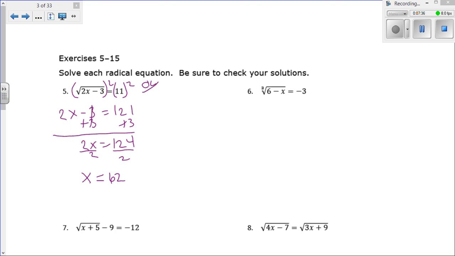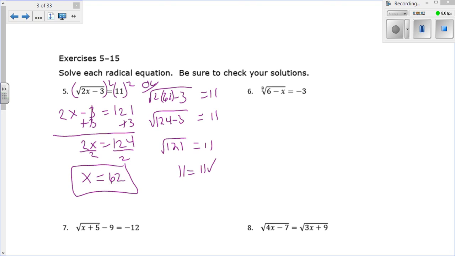So check. 2 times 62 minus 3 equals 11. So the square root of 124 minus 3 equals 11. So yes, the square root of 121 equals 11. 11 equals 11. So we are good.